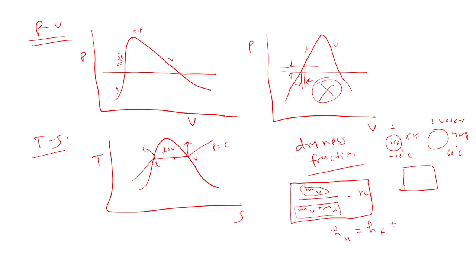All properties on the saturation curve I will write with subscript f, and for vapor with subscript g. Generally they give the difference, which we define as hfg equals hg minus hf.